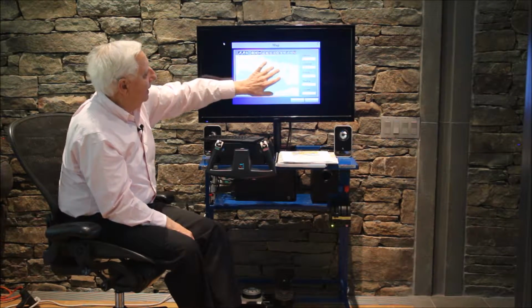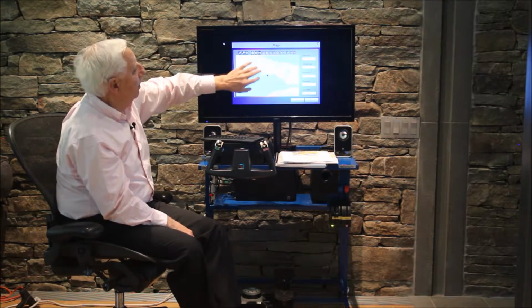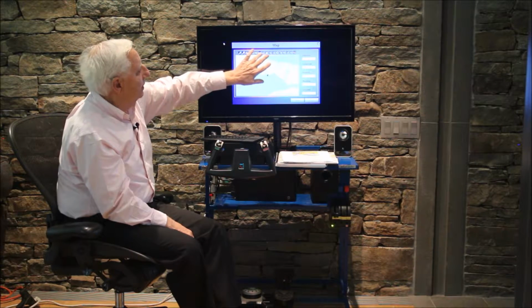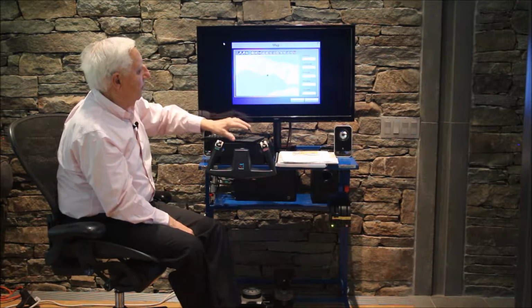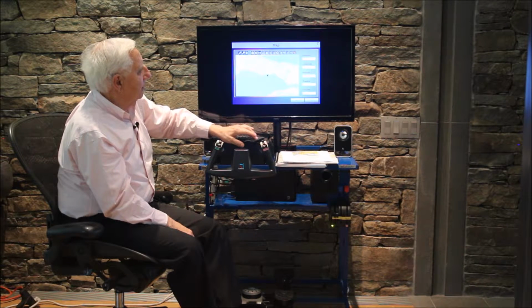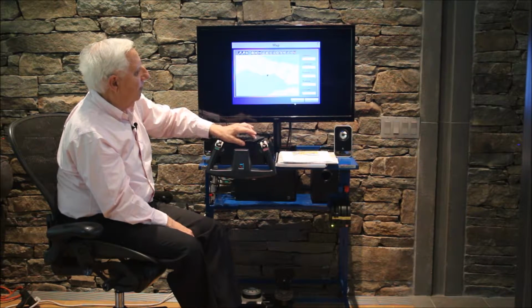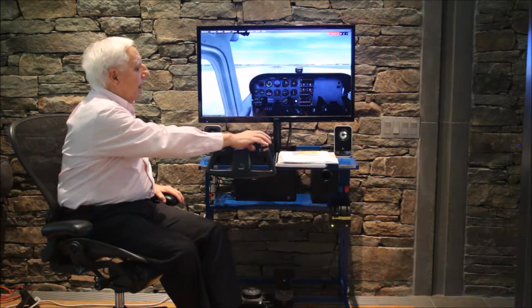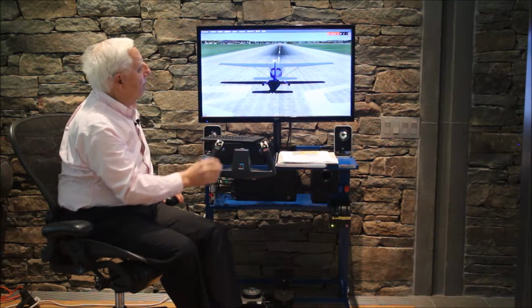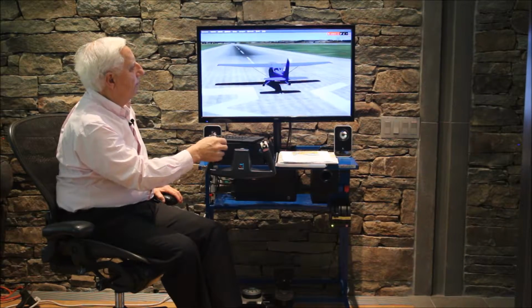So we can see exactly where we are. We can display with these various icons on the top navigation aids in other airports, but I'm satisfied with our setting now, and so I'm going to click Cancel. And I am back on the active runway in Istanbul, and there's our 172.